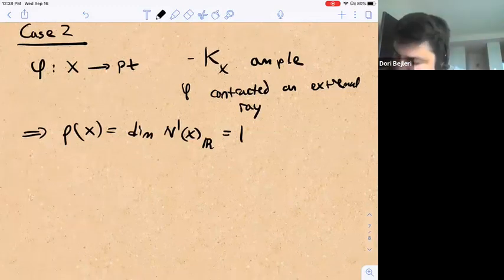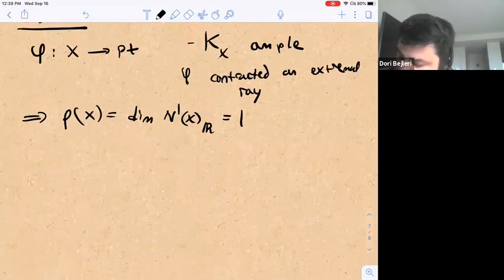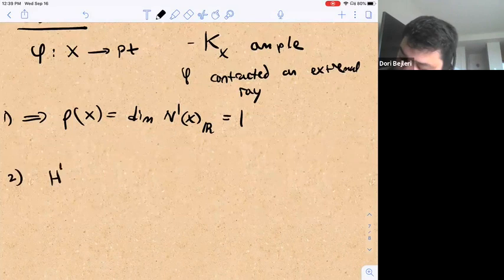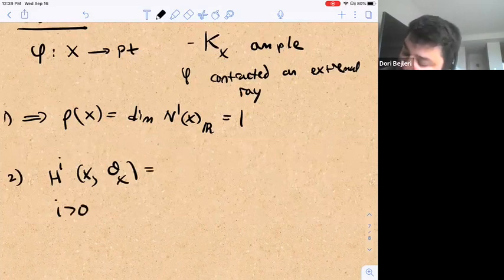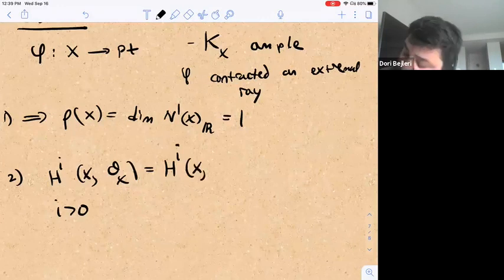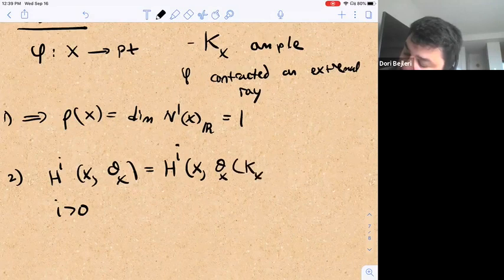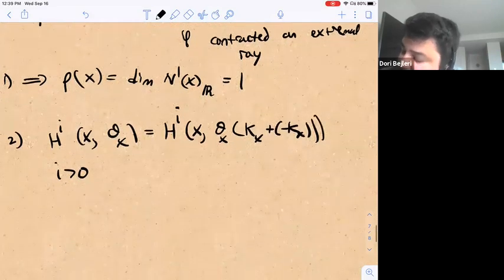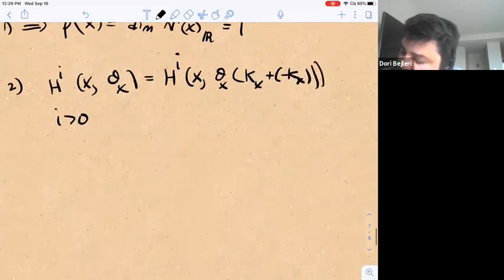And then we also have some properties of the Hodge numbers. So if we look at cohomology with coefficients in the structure sheaf for i greater than 0, this is the same as cohomology of X. I'll write it like this because we want to use a vanishing theorem, which we'll prove later in the course.